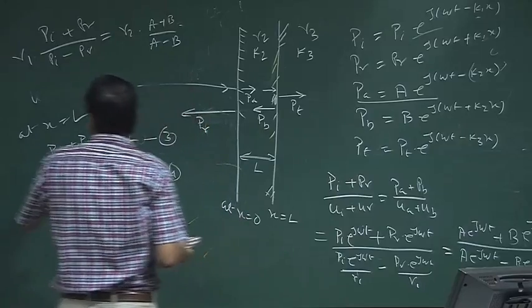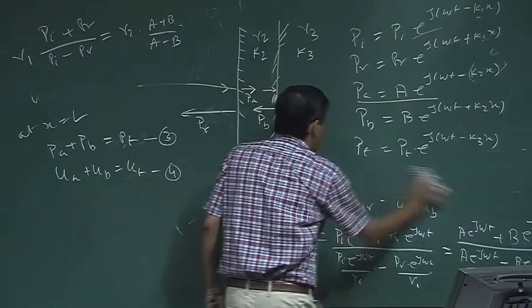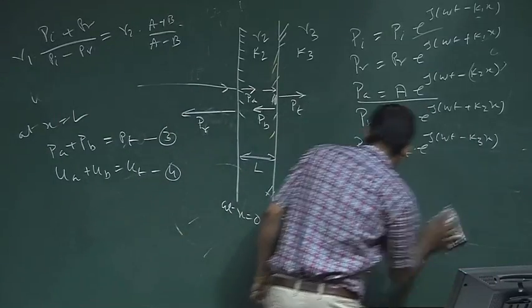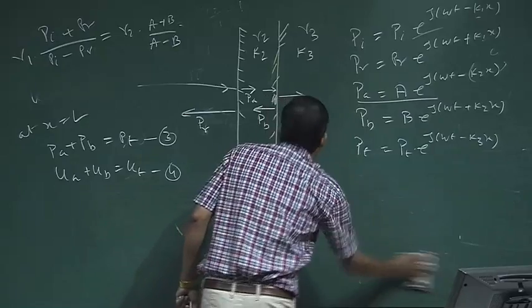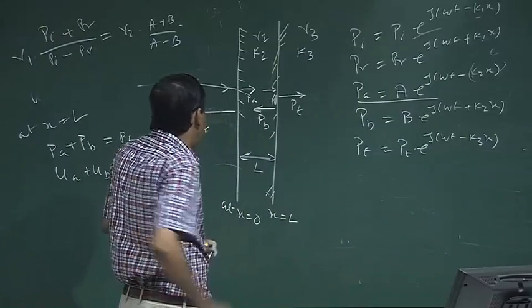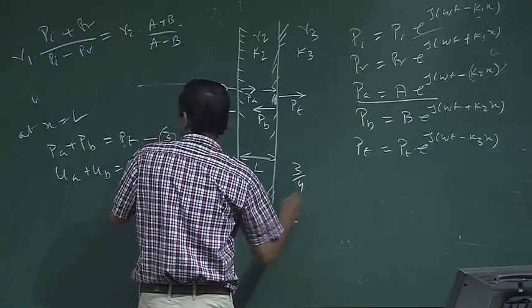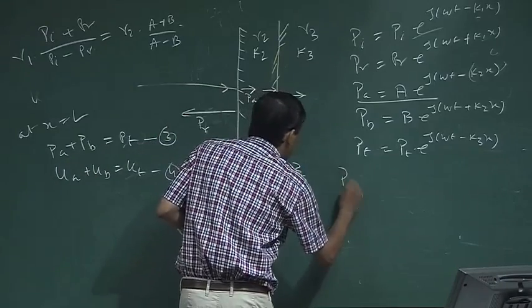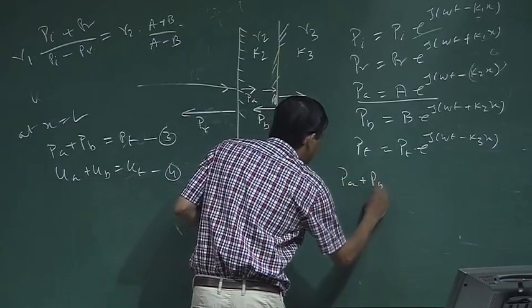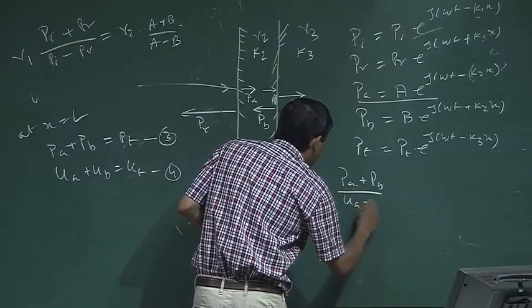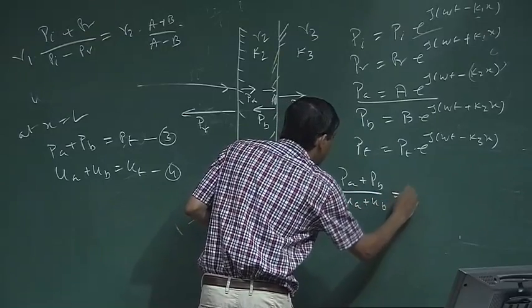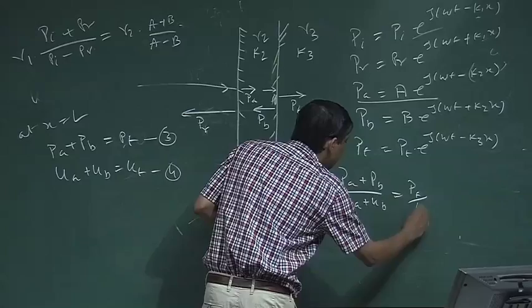Now, if I say at x equal to L, what will I get? At x equal to L, with equation number 3 divided by 4, I get PA plus PB divided by UA plus UB is equal to PT by UT.